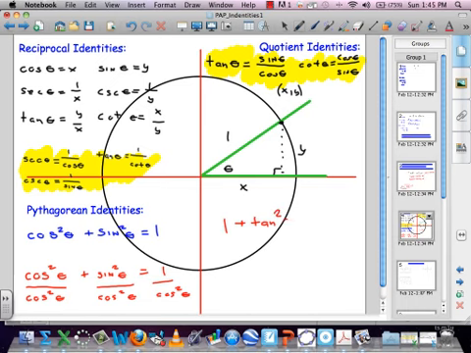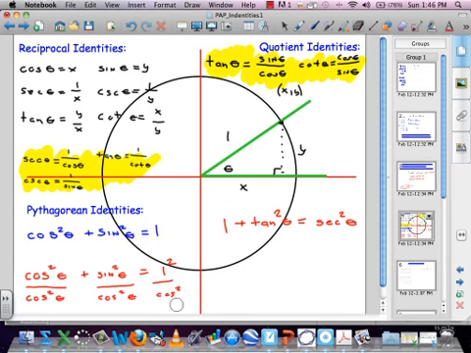So 1 plus the tangent of theta squared is equal to, what's 1 over the cosine the same as? Because remember, 1 is really 1 squared. 1 over the cosine is secant of theta. So here you go. You have now another Pythagorean identity. Similar to the first, we used the first to get it, but I may have tangents and secants to work with instead of sines and cosines.